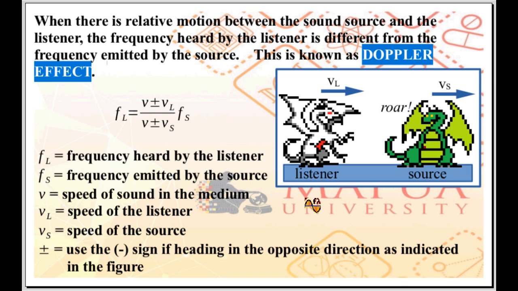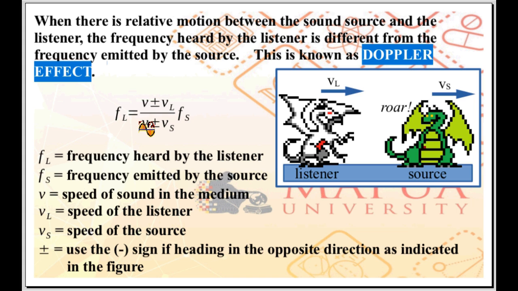Meaning, you must move the source to the right and the listener to the left and adjust the corresponding direction of their velocities, of their motion, so that the situation will now be suitable for you to use the Doppler effect equation.